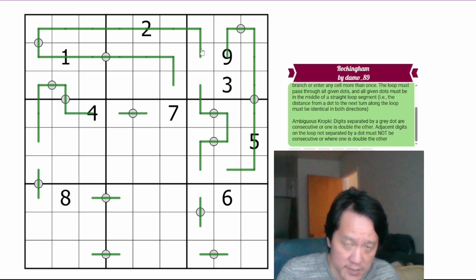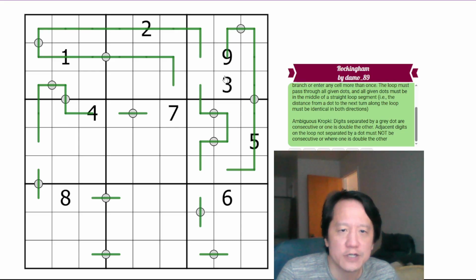This cannot connect to here because if it did, then this doesn't have anywhere to go without branching. This could connect here. That is potentially possible.